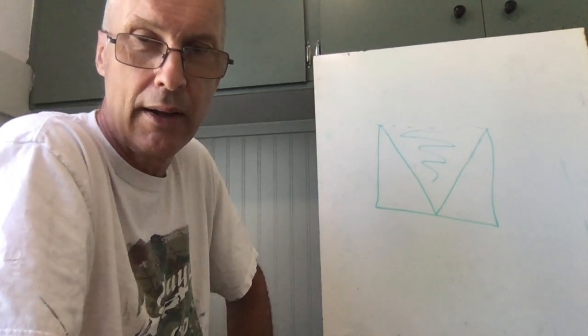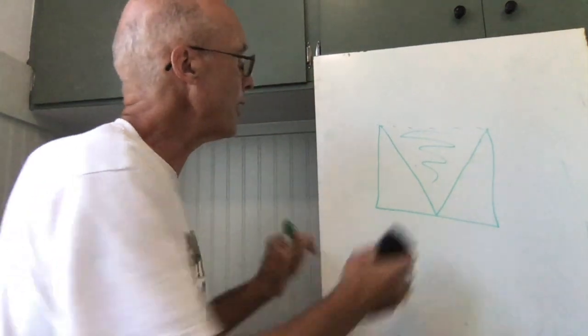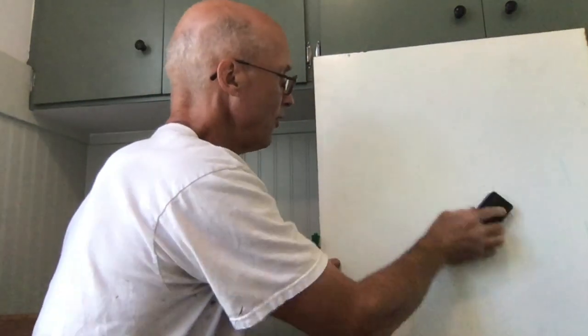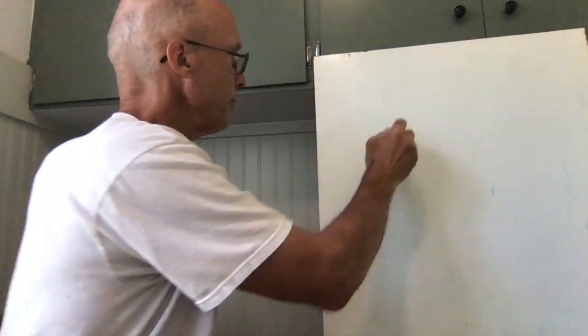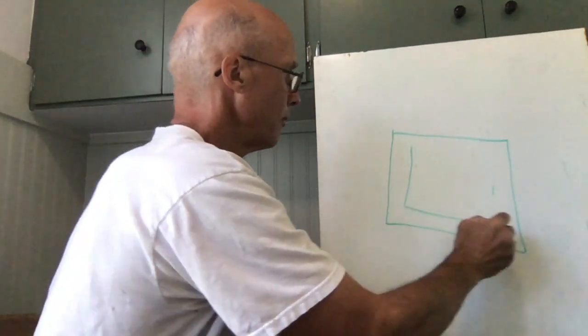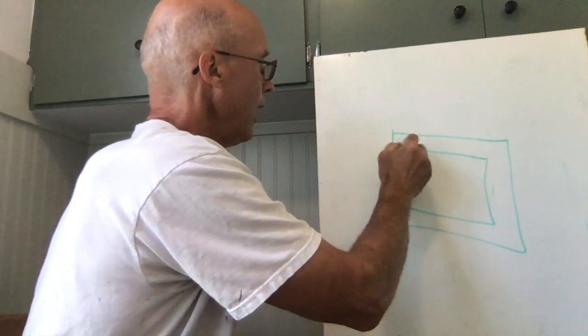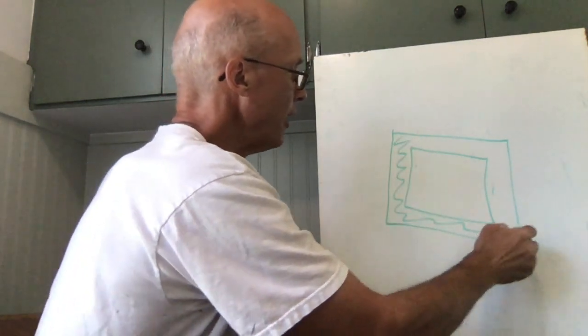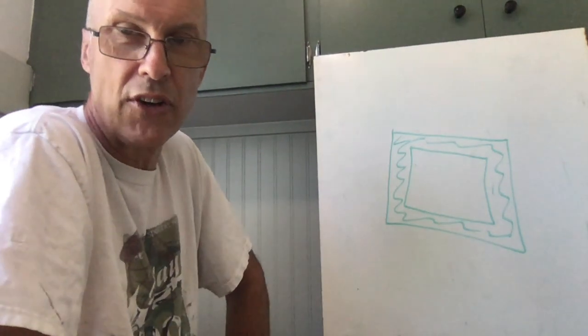If you had a composite figure like this, and we wanted to find this area here, then in this case, for sure, we're going to use subtraction, right?